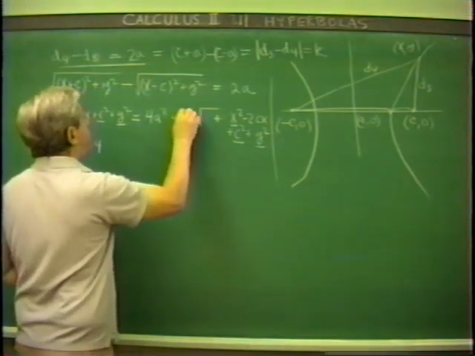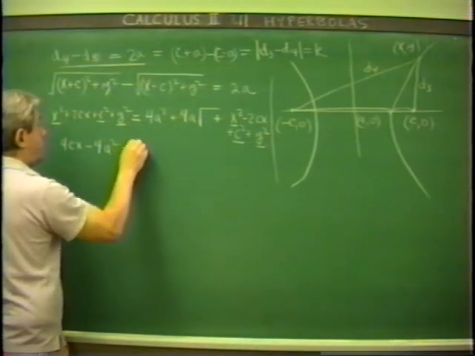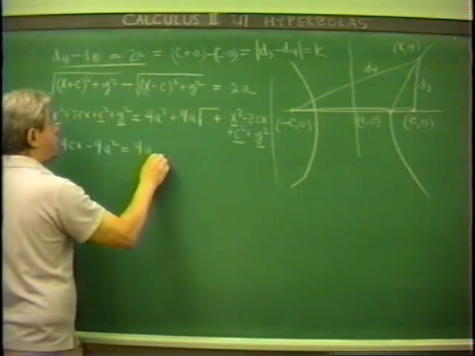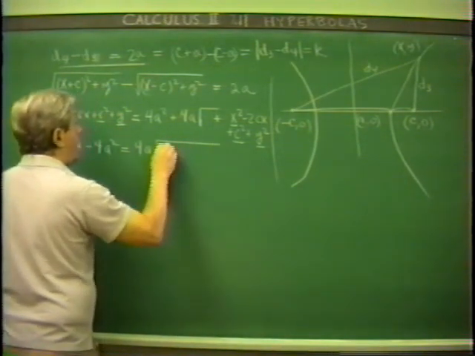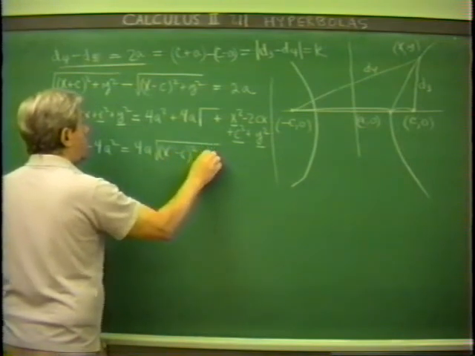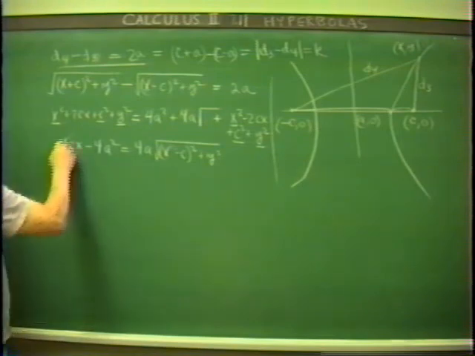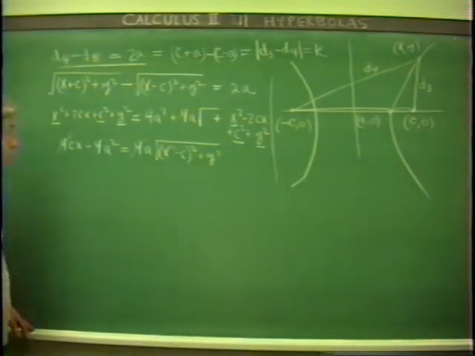That takes care of this term right here. Whoops, this should be twice the center term here, so this should be a 4a. So now 4cx minus 4a squared is equal to 4a times the square root of (x minus c) squared plus y squared.